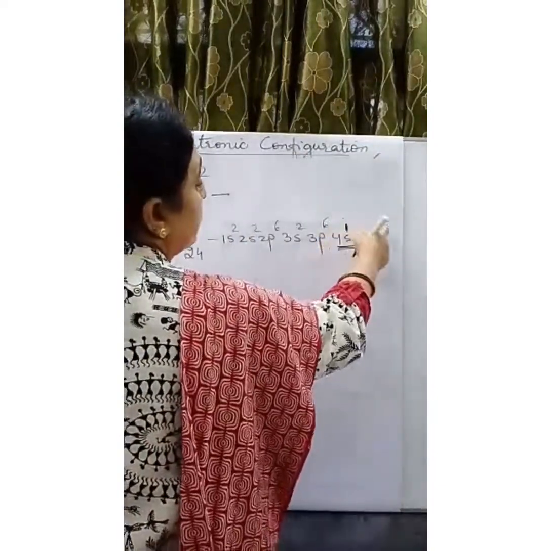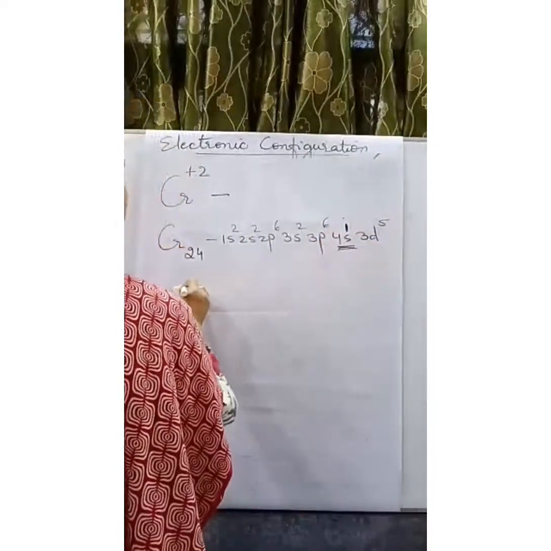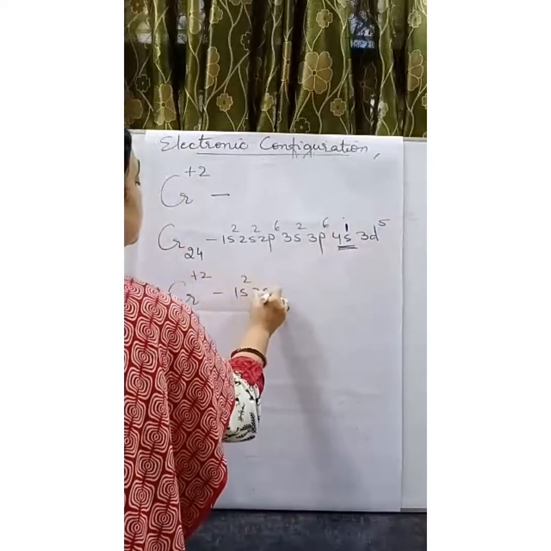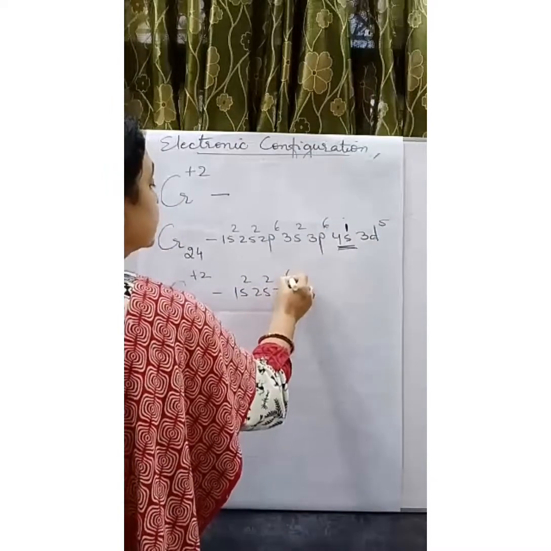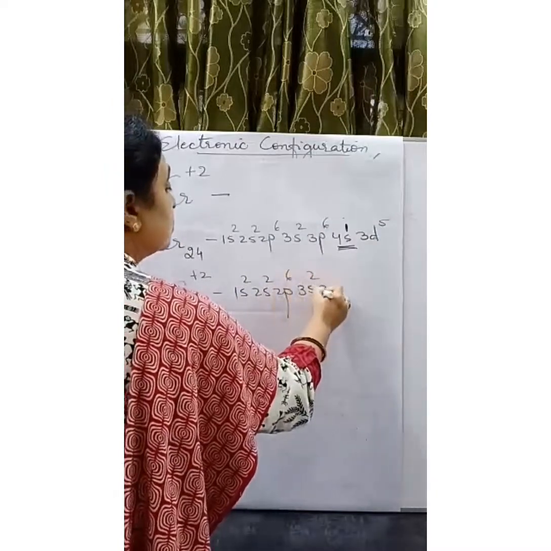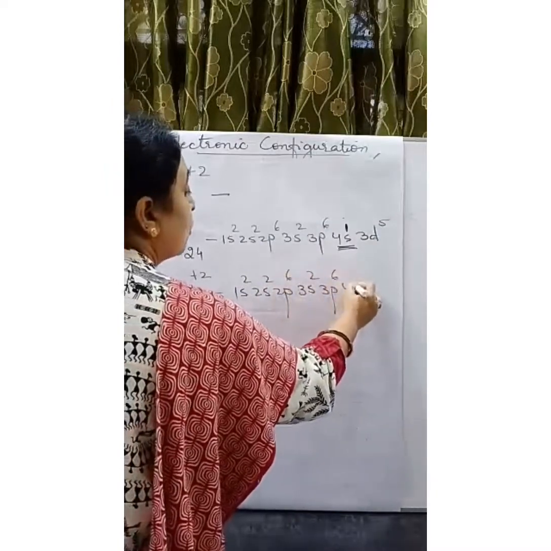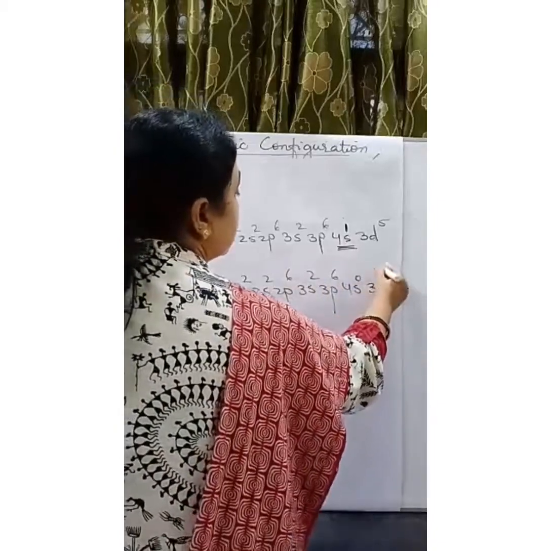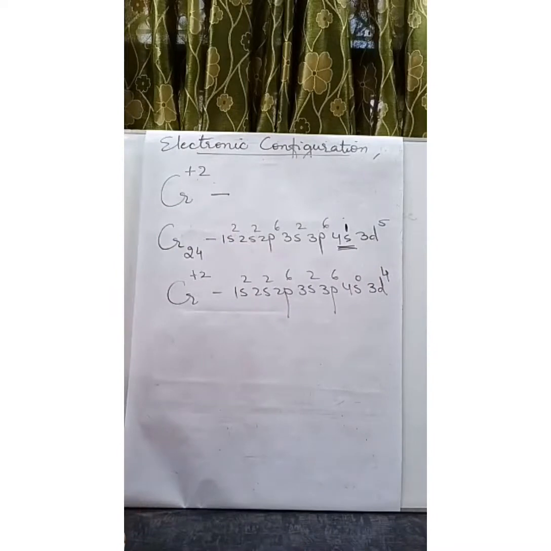So 1 and 1 from here. So what will be the configuration of Cr+2? 1s2, 2s2, 2p6, 3s2, 3p6, 4s0. You write or you don't write, it doesn't make a difference. 3d4. This is the configuration.